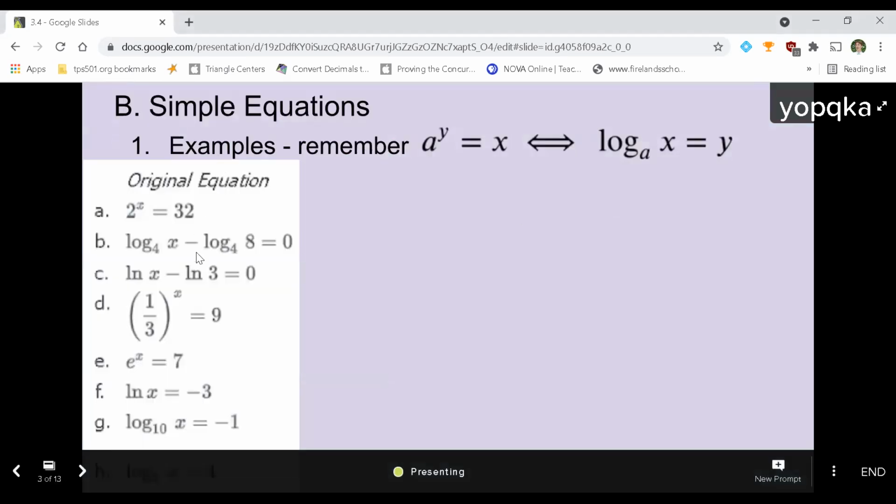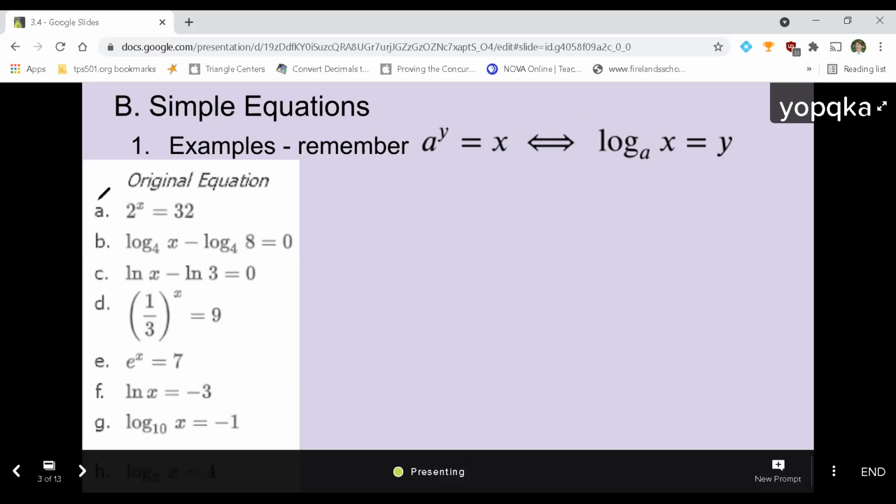All right, so here are our simple equations, and this is kind of like we were doing last week. To solve these, you really just need to remember this rule, that any exponential equation a to the y equals x is the same thing as a logarithmic equation of log base a of x equals y. Those are the same thing.